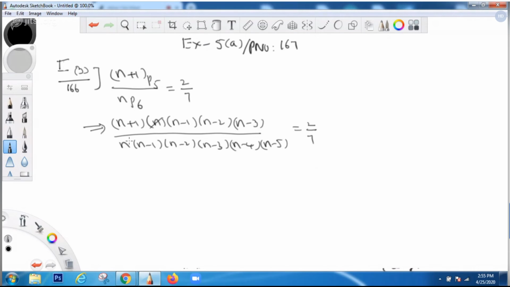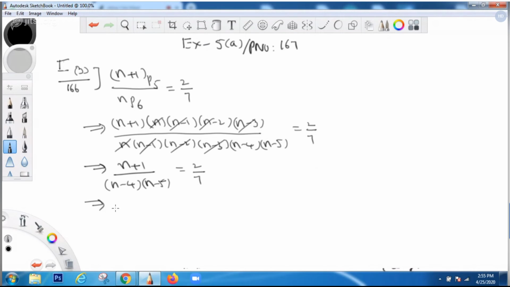Possible cancellations: n minus 1, n minus 2, n minus 3. So this implies (n plus 1) divided by (n minus 4) into (n minus 5) is equal to 2 by 7.